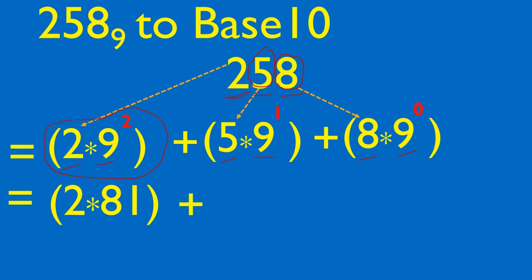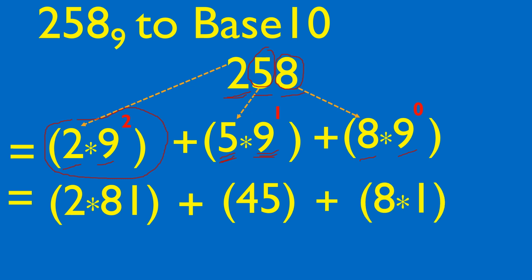plus we have 5 times 9 raised to the power 1. We know that 9 raised to the power 1 is 9. So 5 times 9 is 45. Then we have 8 times 9 raised to the power 0. 9 raised to the power 0 is 1. So we're saying 8 times 1. So we simplify this further.